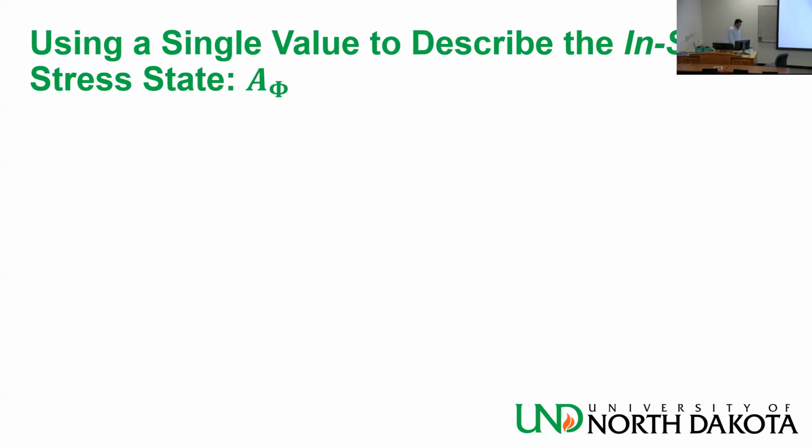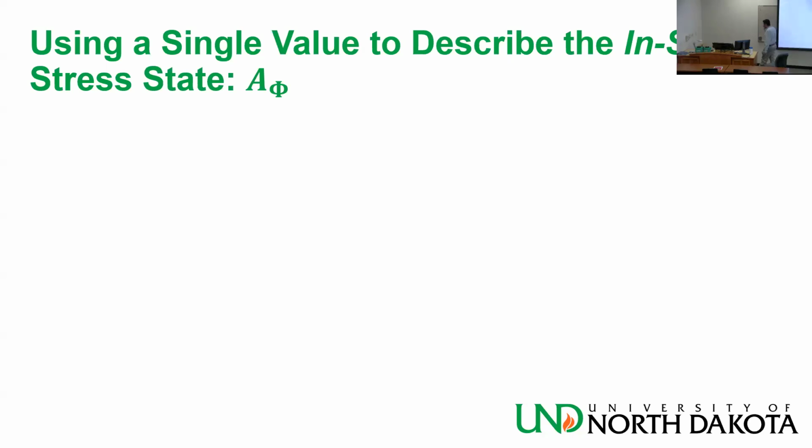Now, somebody said, okay, we have now three stresses, whether we call them SV, SH max, and SH min, or S1, S2, S3, we have three in situ principal stresses. Can I define the stress field in a particular location in the subsurface with just one value?